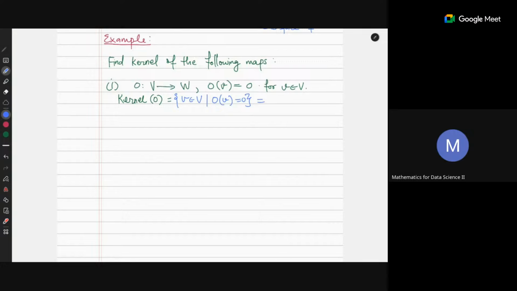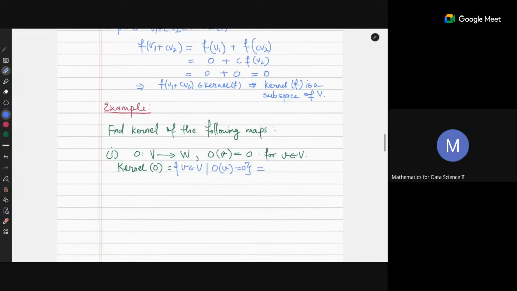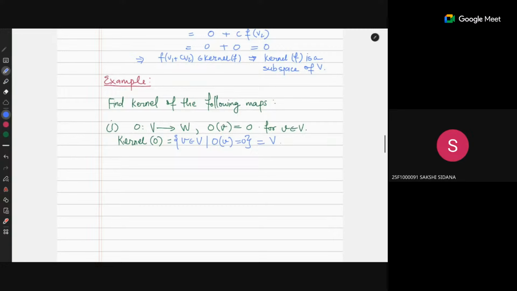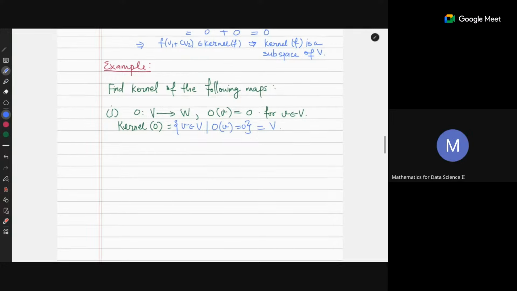What does the definition say? Is it equal to V itself? Yes, sir, because vector v could be anything. Yes, exactly. Right? So the kernel of this map is V itself.